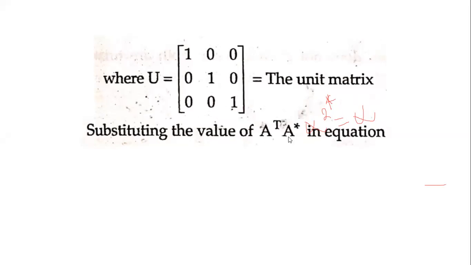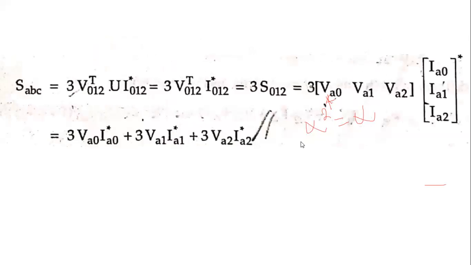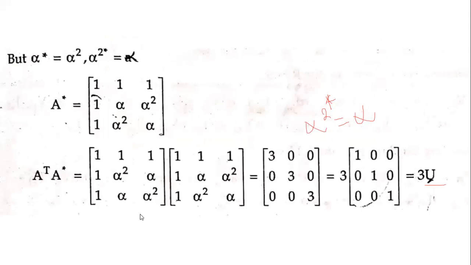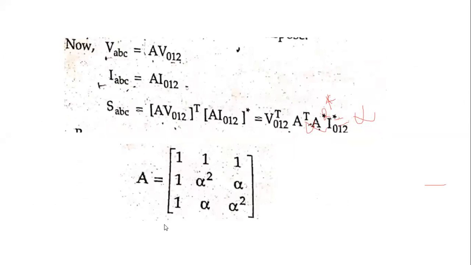After substituting the value of A transpose into A conjugate in the equation: what is A transpose into A conjugate? That is 3U. This is the power equation. What is the formula for power? Power equals V012 transpose A transpose into A conjugate, I012 conjugate.